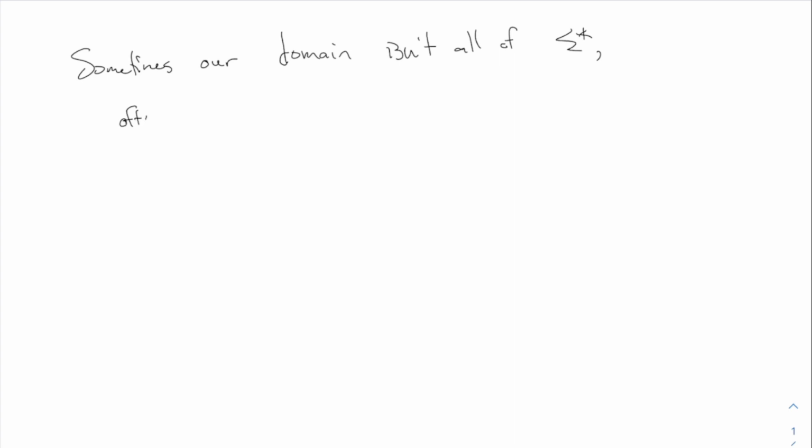Often we consider functions like f goes from some other set S to sigma star, where S is some subset of sigma star. That is, you don't necessarily need the function to work on any possible input. It only works on certain useful inputs, or inputs which have a certain format to begin with.